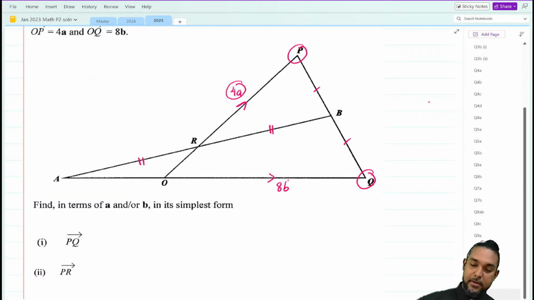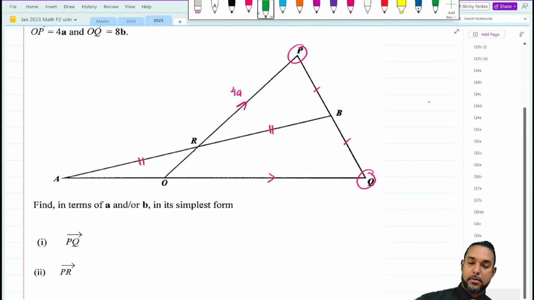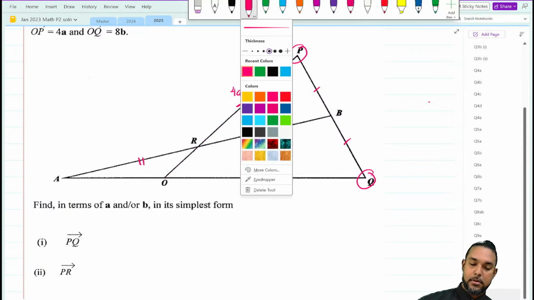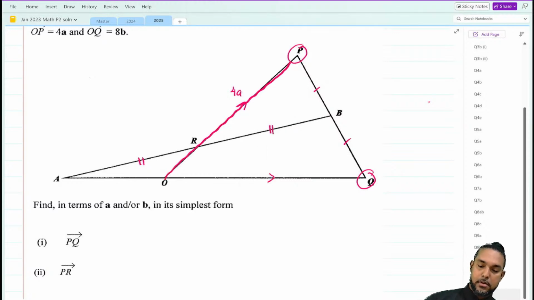Yeah. Right. So we only have two lines along which we have vectors. So here what I'm going to do is put those lines in some different colors.